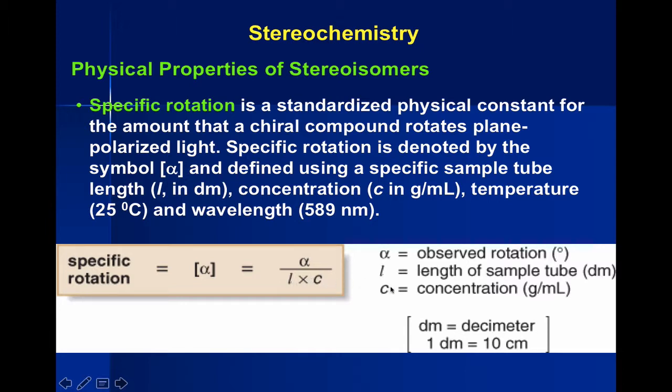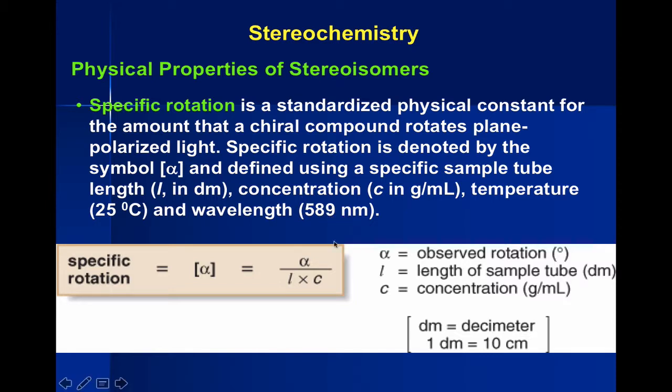times the concentration. And it's very important to remember, in this case, this is kind of an unusual concentration. It's actually in grams per milliliter, which really isn't a concentration, but this is going back to historical times when they did this. And the wavelength of light is typically 589.